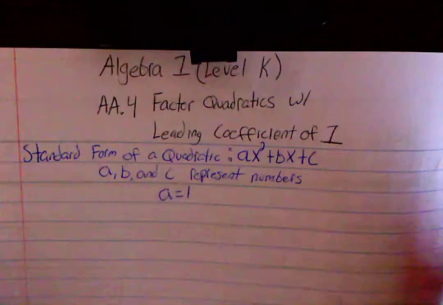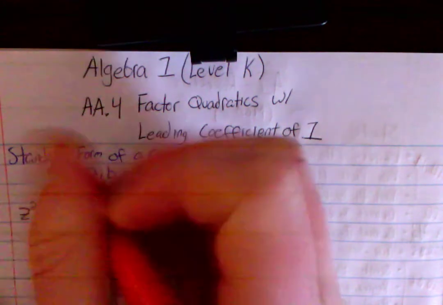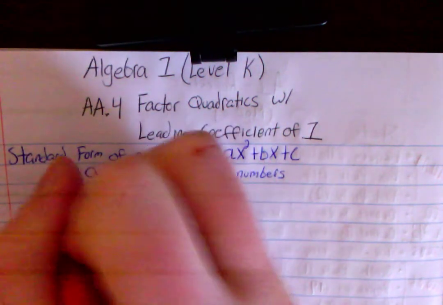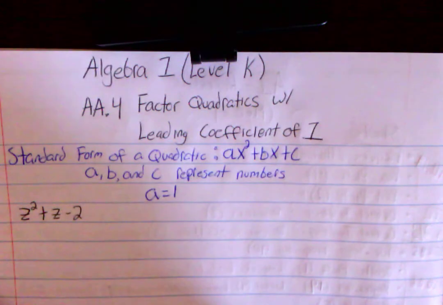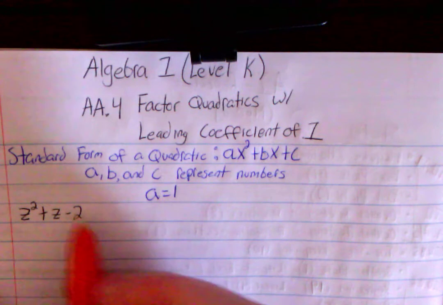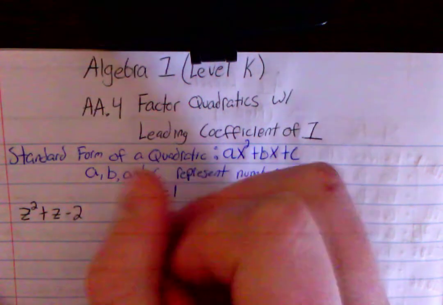In our first example, we're going to do z squared plus z minus 2. So what I like to do is I like to take the factors of our c with the operation in front.